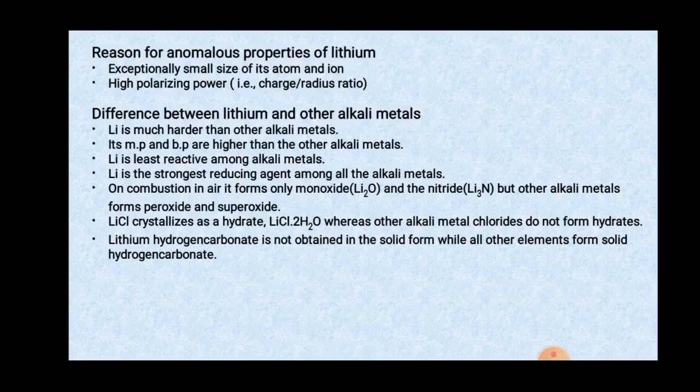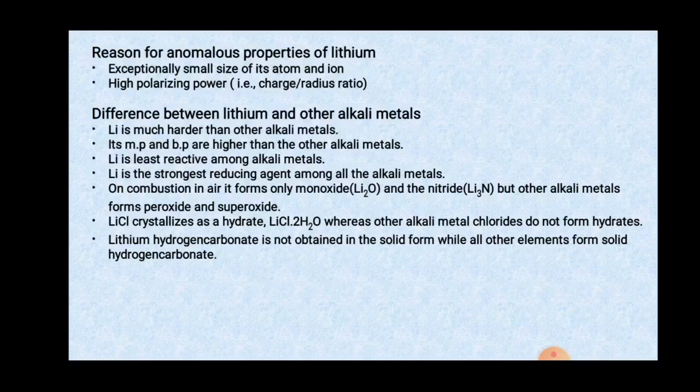Okay, so this is called anomalous properties. Now what is the reason for the anomalous properties of lithium? Actually, lithium has an exceptionally smallest size in its atomic state and ionic state. Then the second one is it has a high polarizing power.